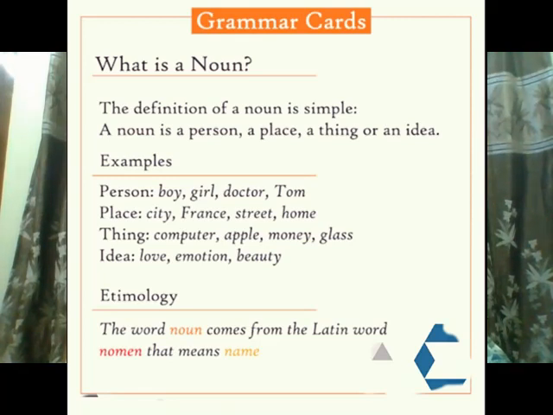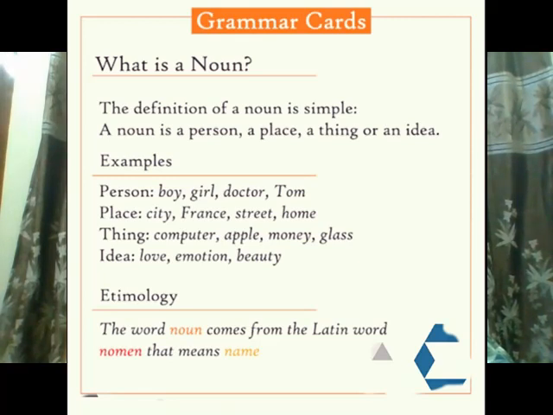And for animals, cow, horse, butterfly, snake, pigeon. Then idea, it is also a name of an idea, concept, and feeling. So examples can be like love, emotion, beauty, kindness, youth, fear, fun, and many more.